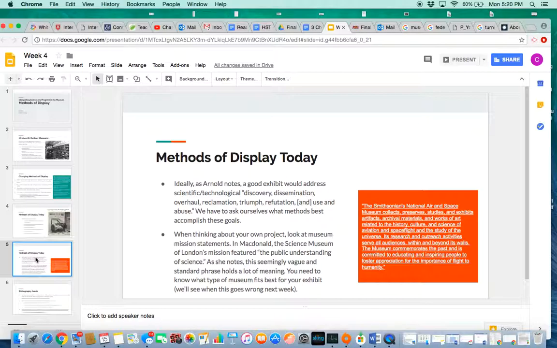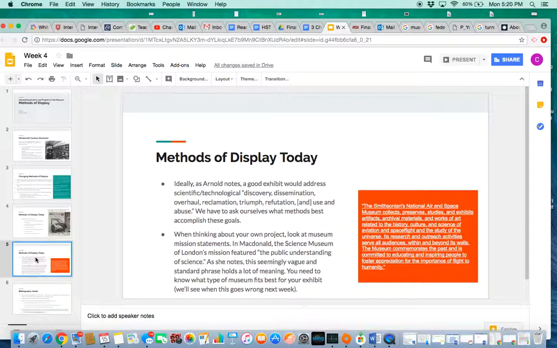I said I would tell you to start thinking about how this relationship operates for next week. So I did include a link here to the Smithsonian National Air and Space Museum and their own mission statement. We will look at a very controversial exhibit that actually never came into being because it was so controversial in the early 90s.